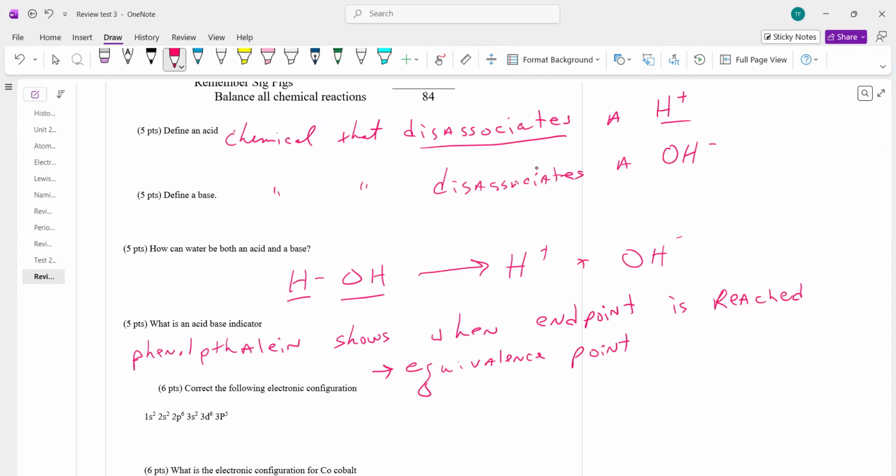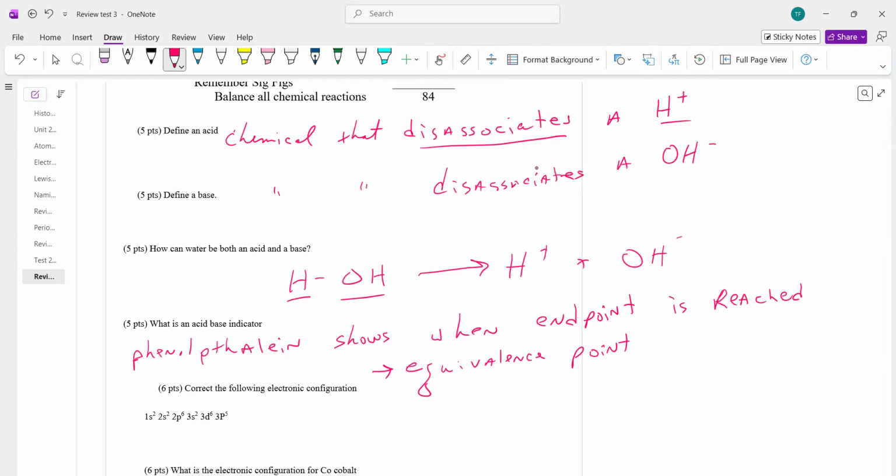They should be the same or close to the same. Okay, we didn't talk about equivalence points, but that's technically what they're going to talk about in your next class. And then match up the endpoint of the indicator to the equivalence point.